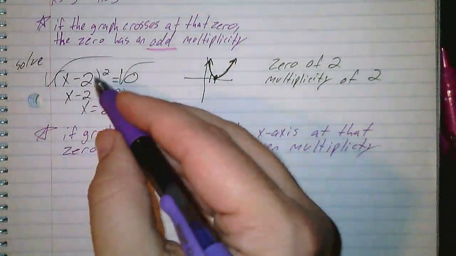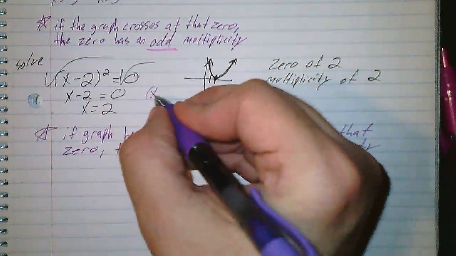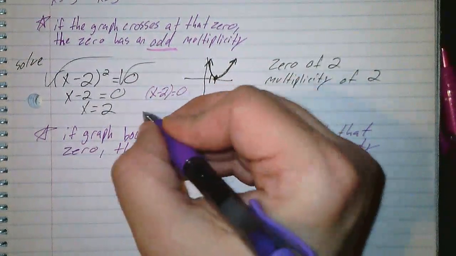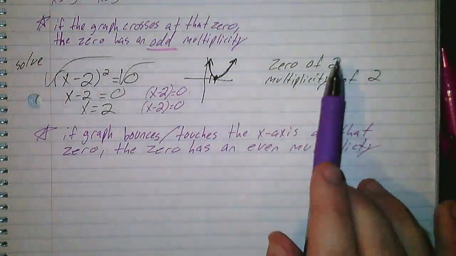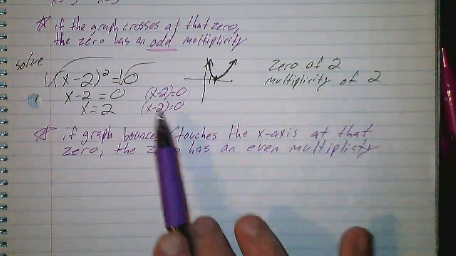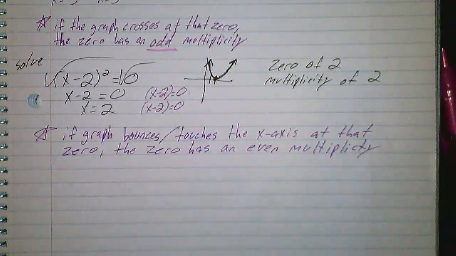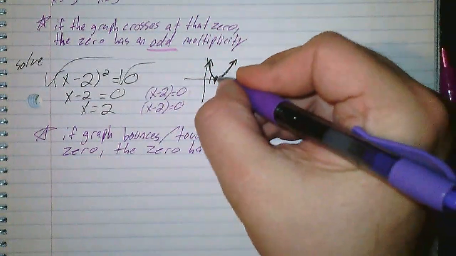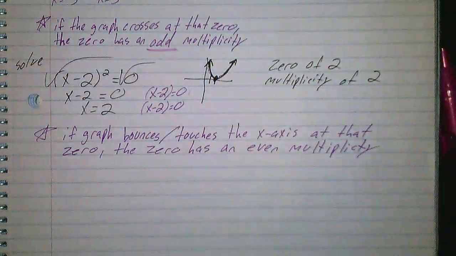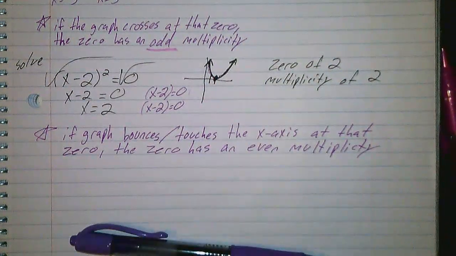One way to think about it is we have x minus 2 squared, so we basically have x minus 2 equals 0 twice. So the only solution is 2, but we kind of have that solution twice, and we can see that if we're bouncing off the x-axis, the 0 must be even.